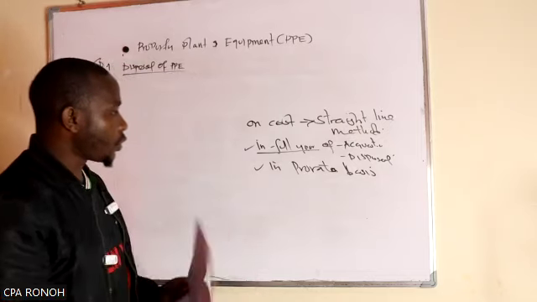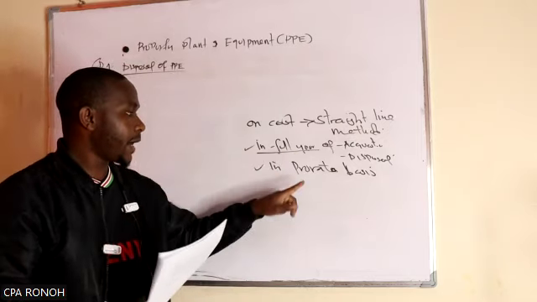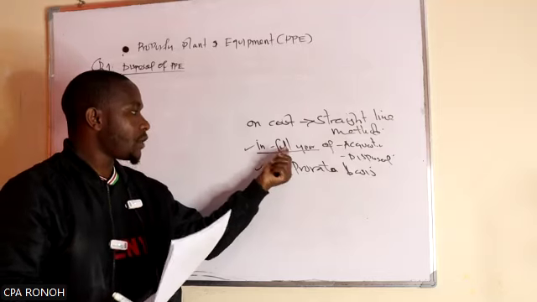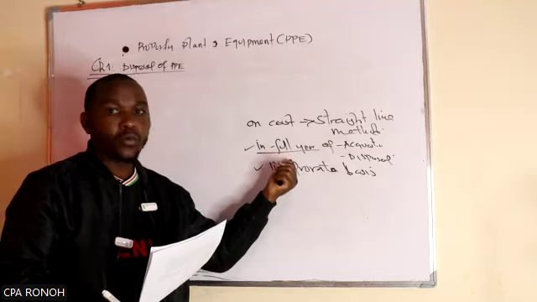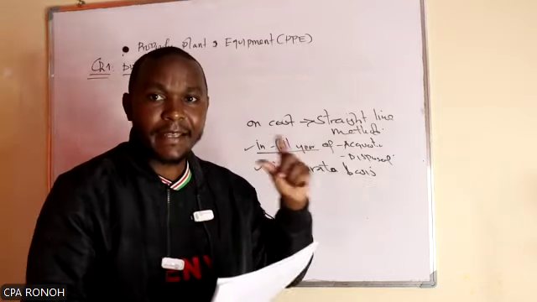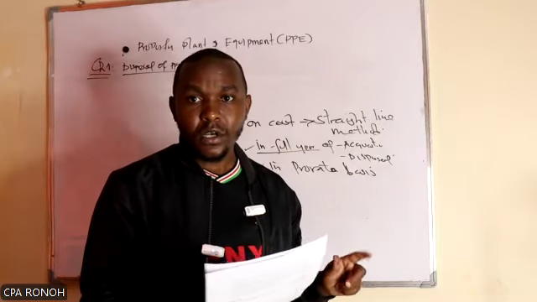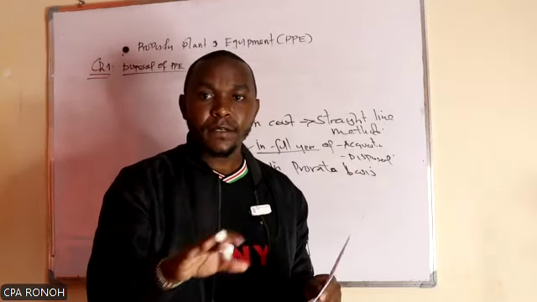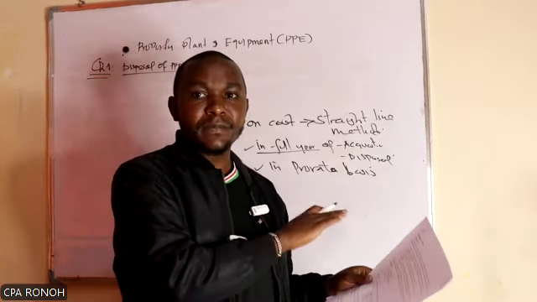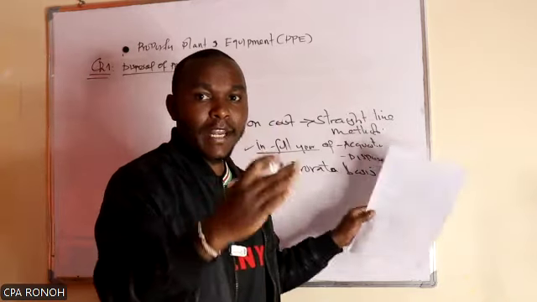So you also need to know when it is a full year and when it is on a pro rata basis. When it is a full year, we don't consider the date of acquisition or the date of disposal. We just calculate depreciation for the entire 1 year.